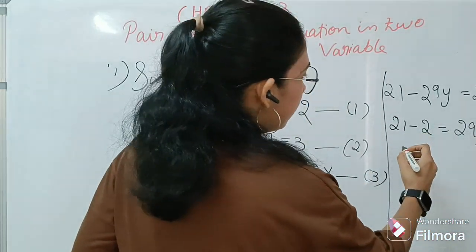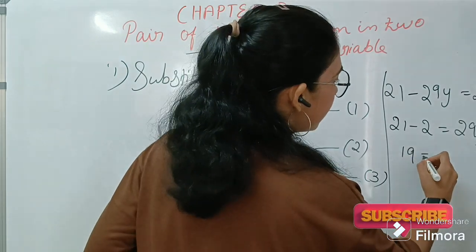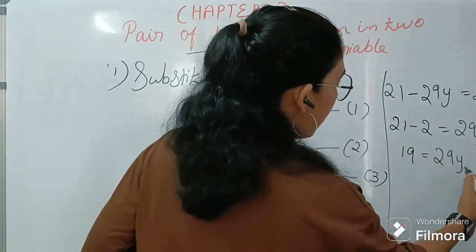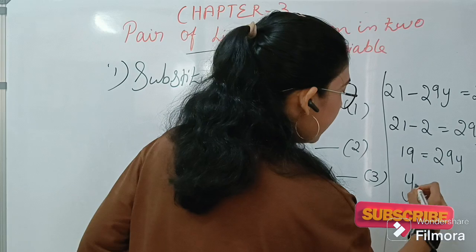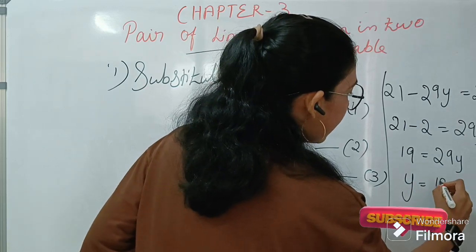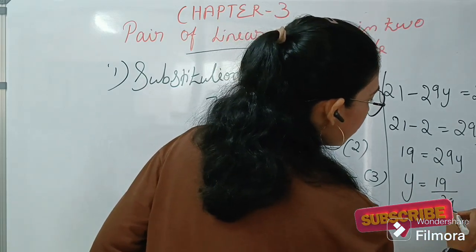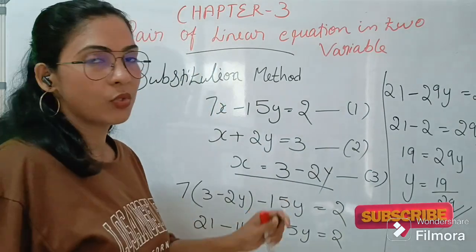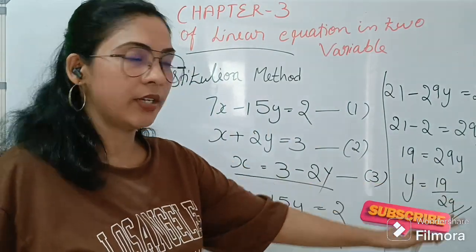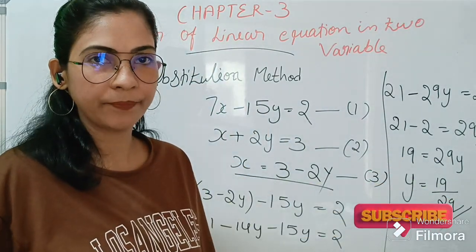Okay, then what is it? 19 is equal to 29y. From this we get y is equal to 19 divided by 29. So we get y as 19 divided by 29.